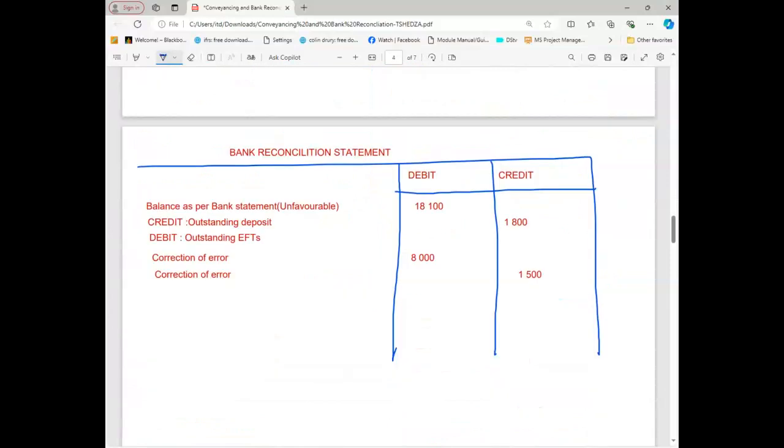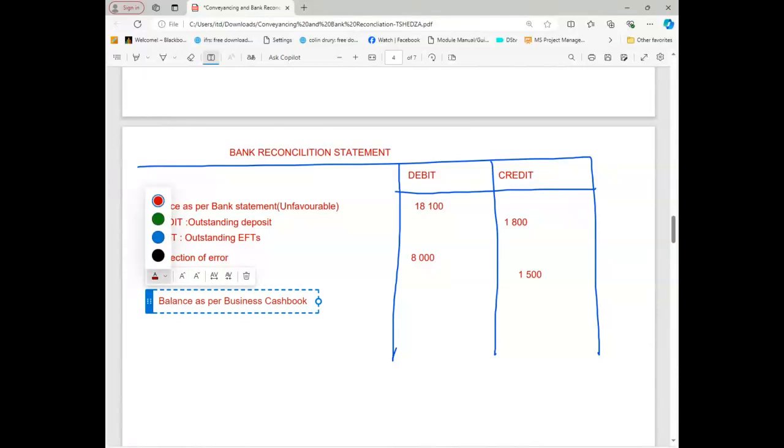Can you see how easy that is? You just call it balance as per, just 22,800.